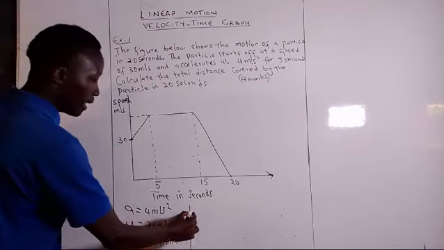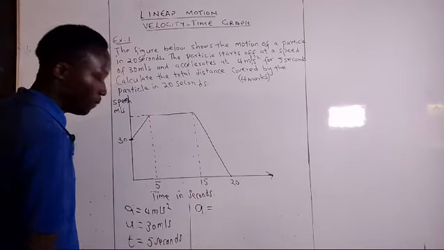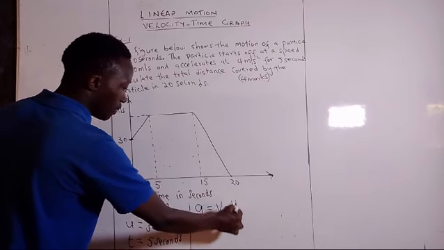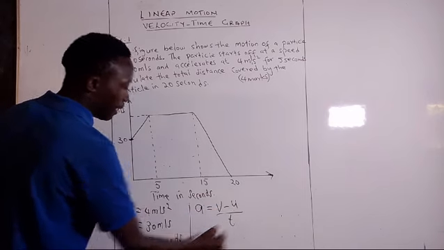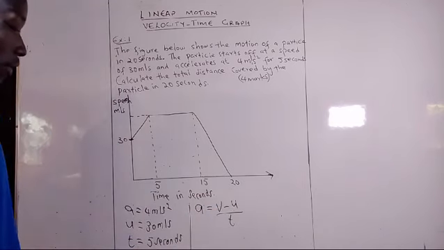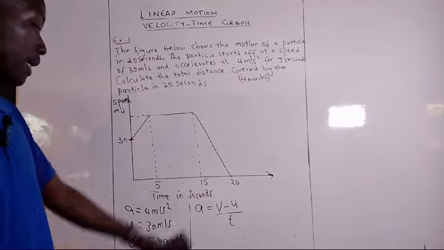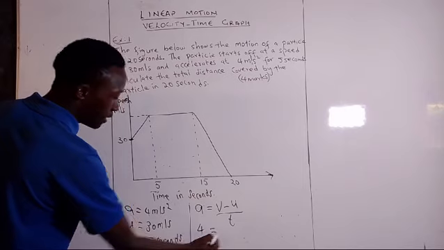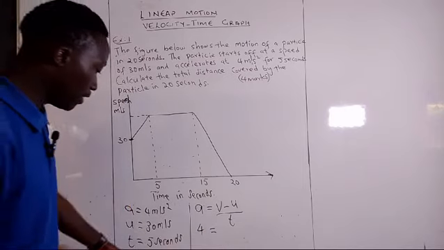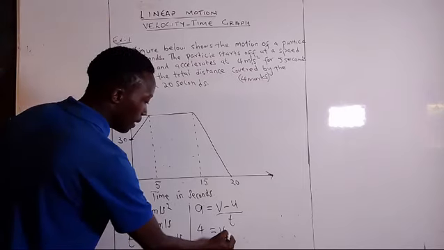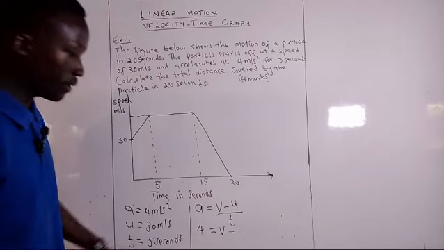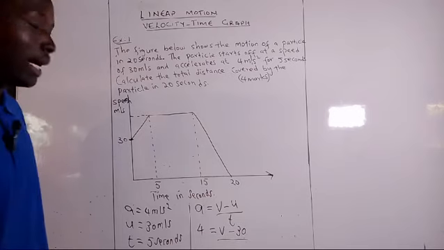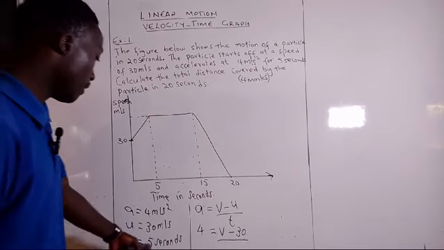We know that acceleration is equal to final velocity v minus initial velocity, over time taken. That is the formula for finding our acceleration. Since we have our acceleration as 4, we have 4 equals v minus our initial velocity 30, over our time taken, 5 seconds.